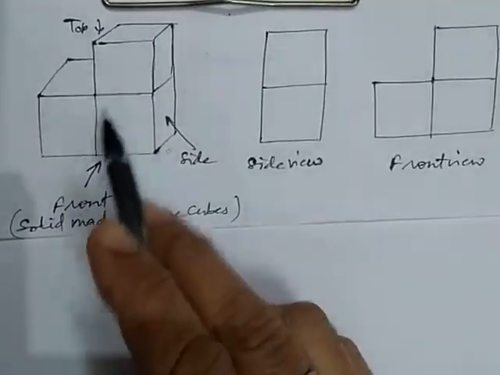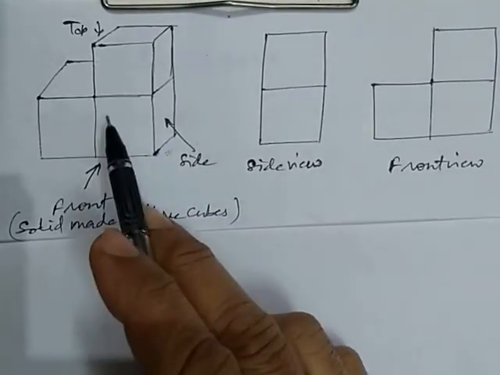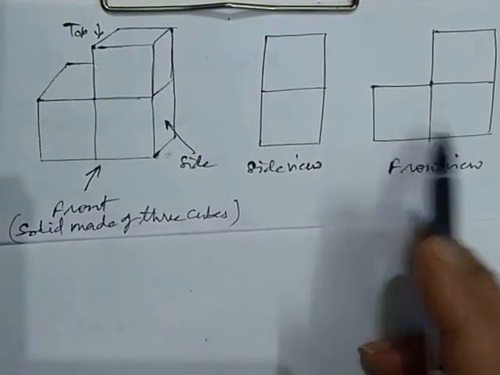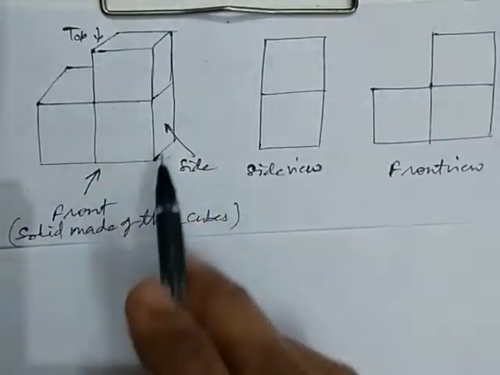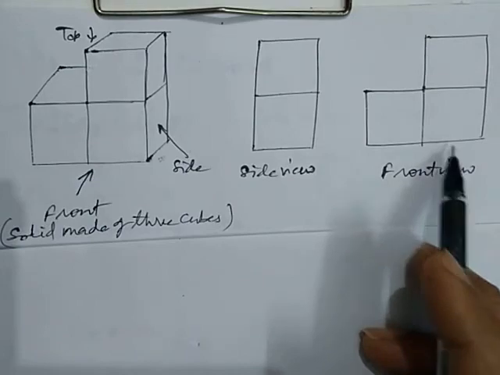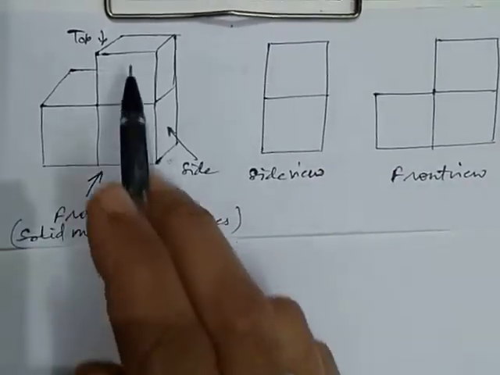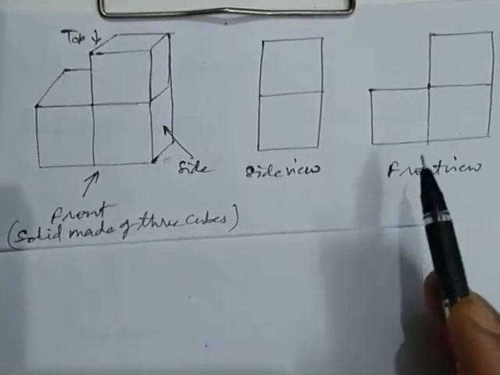But if we look at this setup from the front side, all 3 cubes are visible, but only the front edges of these cubes are viewed. So this is the front view of this setup. This and this are viewed.